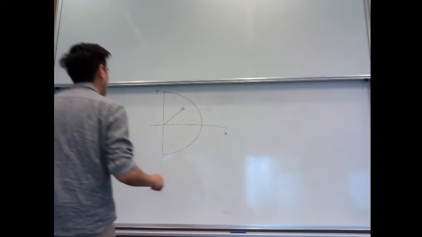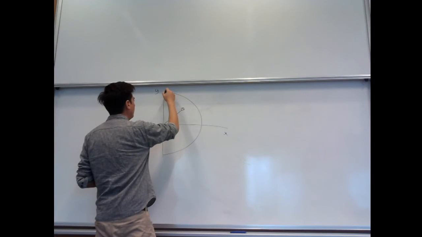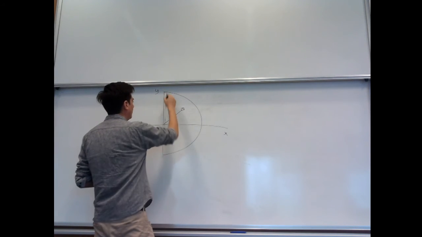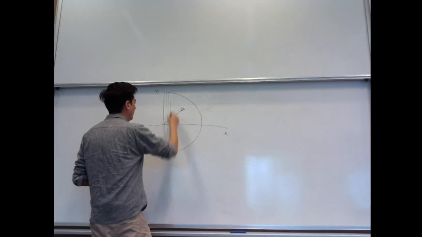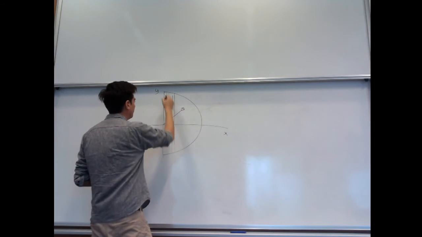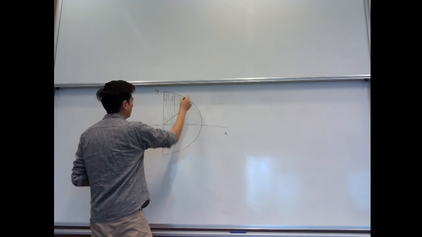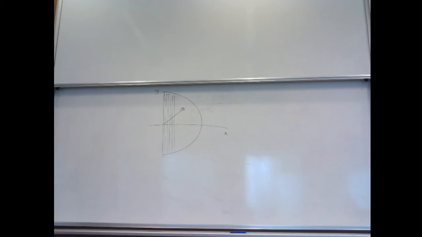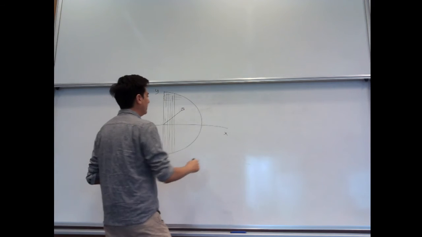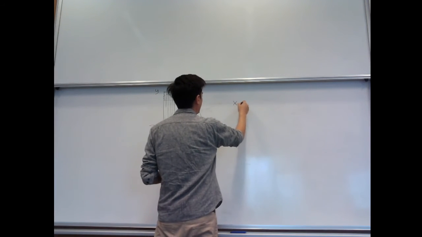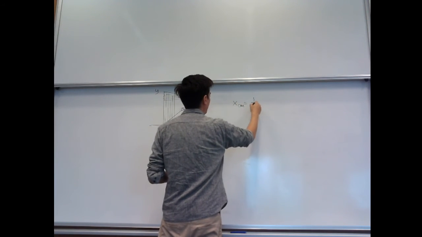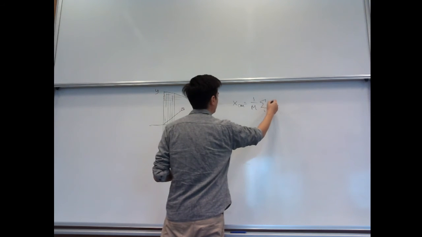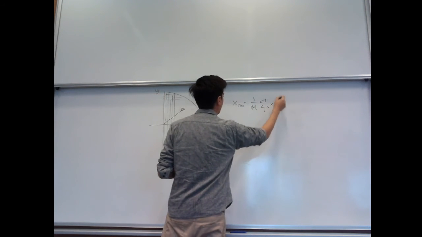And of course we can chop up this whole thing into such tiny squares, right? And if we add up all the different contributions, we know that the x center of mass, according to our formula, is equal to the sum of x_i m_i.